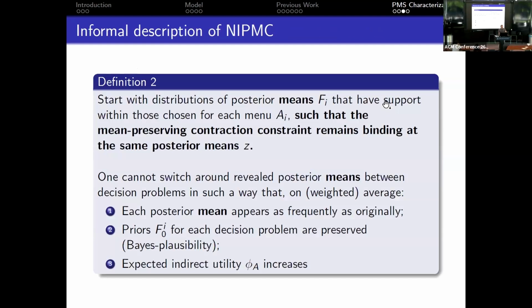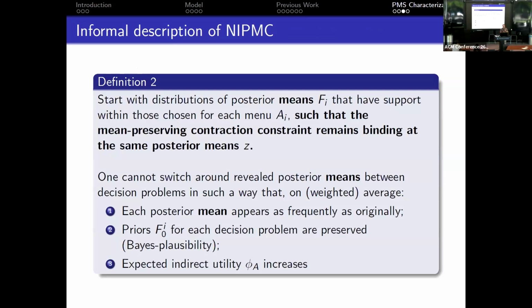So in terms of an informal description of my axiom, no improving posterior mean cycles, the difference from Tomas's axiom is given by what's in bold here. Essentially, what we need to do is ensure that when we're thinking about switching around posterior means, we keep the points at which this mean preserving contraction constraint is binding the same.